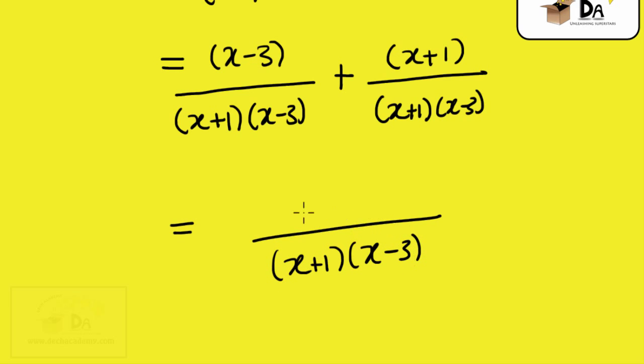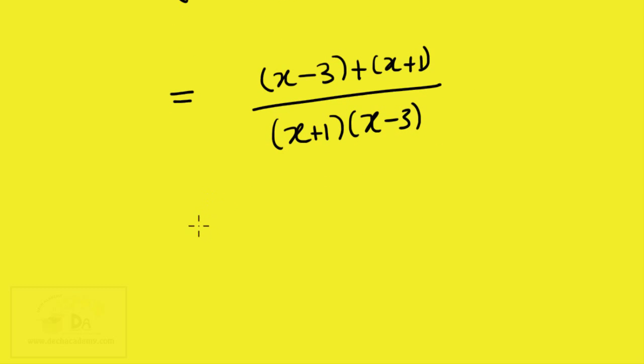and a numerator which is given by x minus 3 plus x plus 1. And this can be simplified further, because if we drop the bracket of the numerator term, we have x minus 3, we have plus times x is plus x, and then we have plus times plus 1 is plus 1.